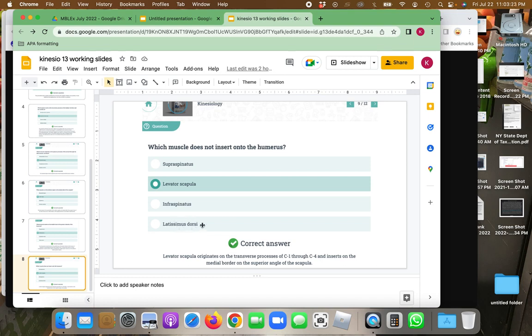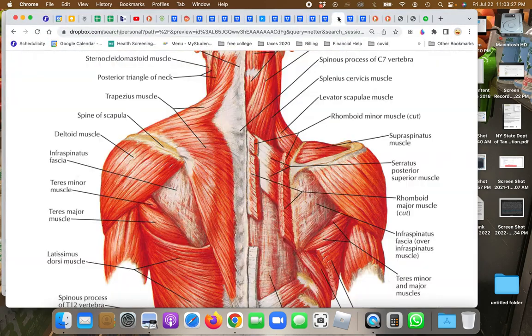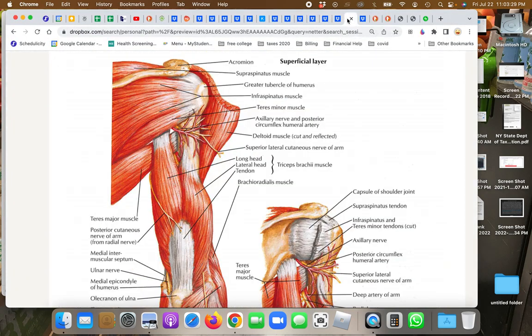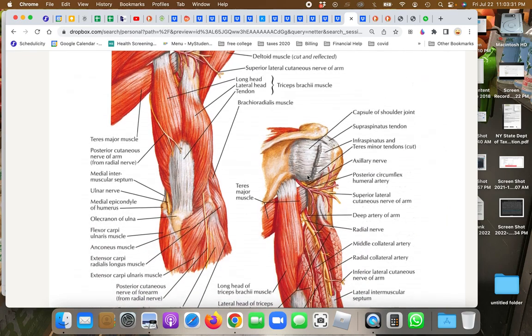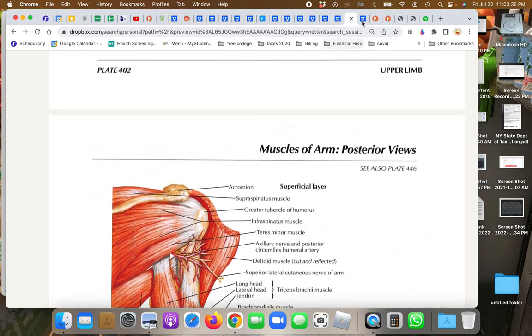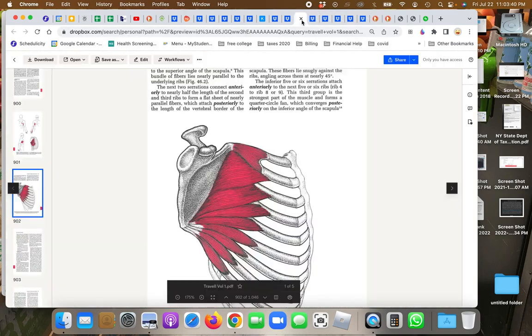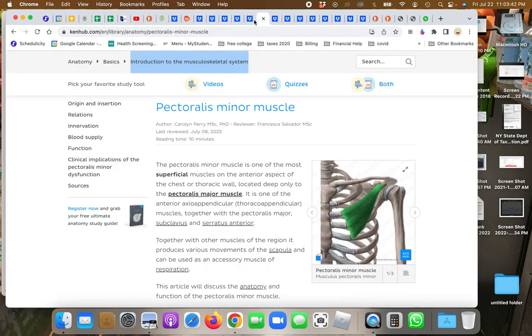Latissimus dorsi also attaches to the humerus. Very, very important muscle, which I am not locating just yet.